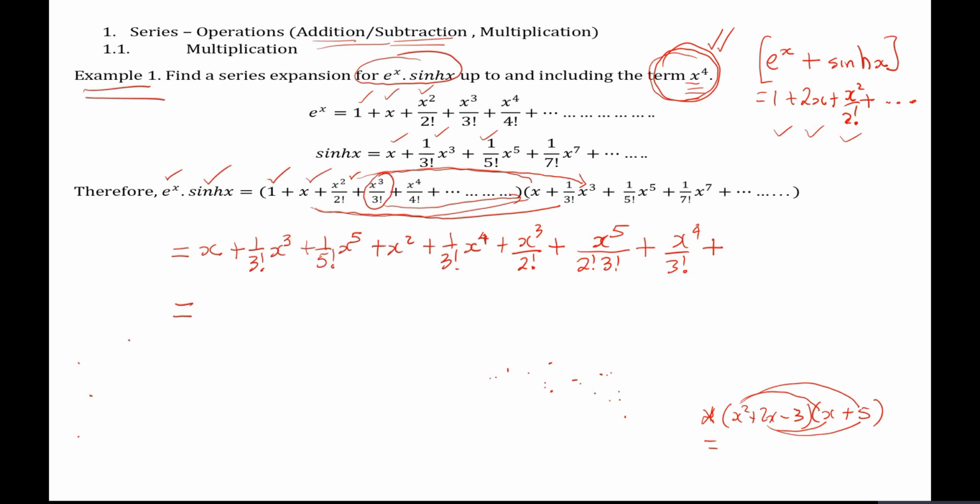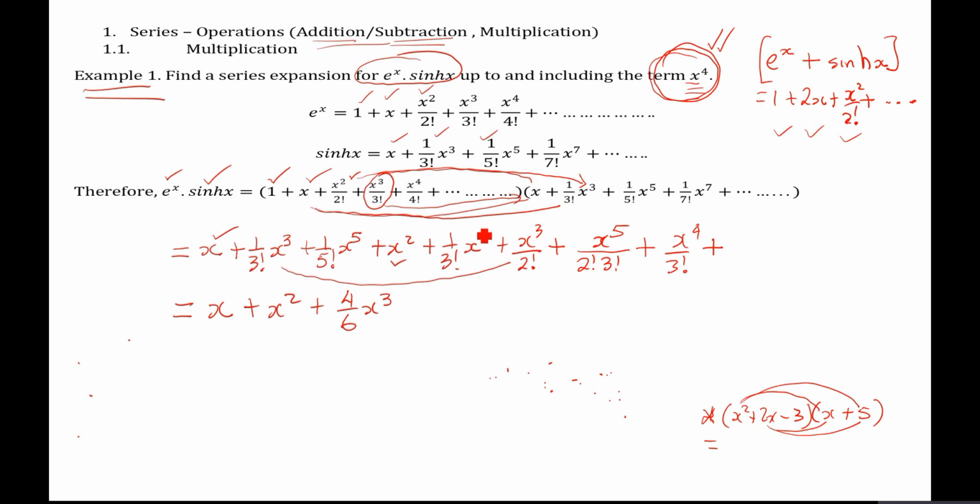So now, looking for all the terms, add all the terms. x is all by itself. Is there x squared? There's the x squared. So it will be plus x squared. Where are the x cubes? There's the x cubed. There's the x cubed. Add those like terms. I'm going to get 4 over 6 x cubed.